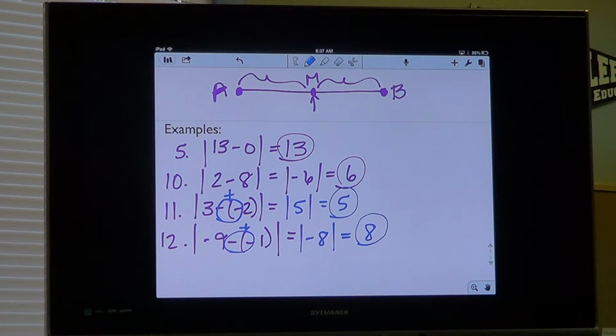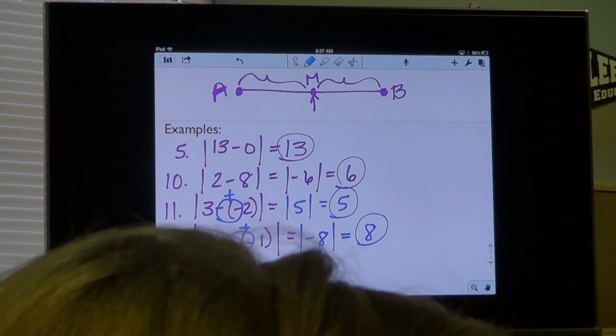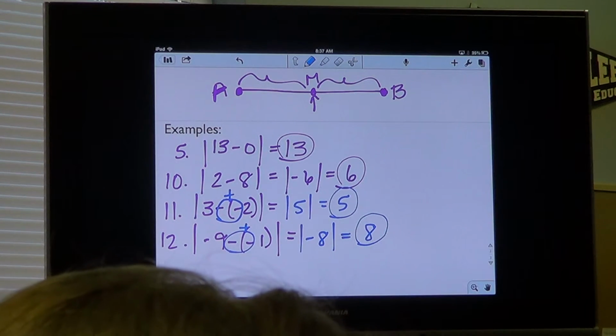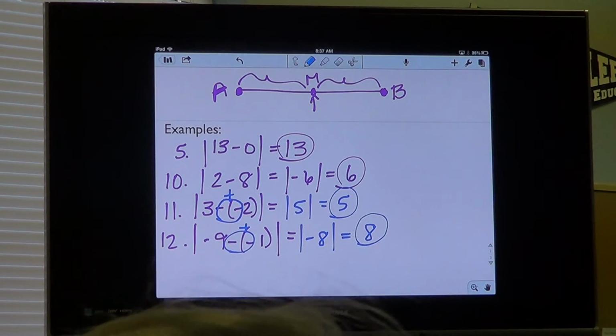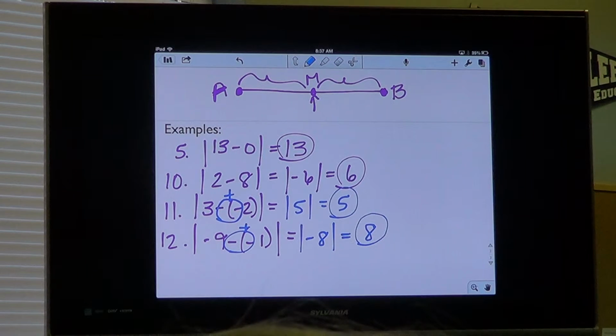22, the point on ray MD 2 units from M. Morgan? Okay. Good. And number 23, the distance between points B and F. Sarah? 4. Good.